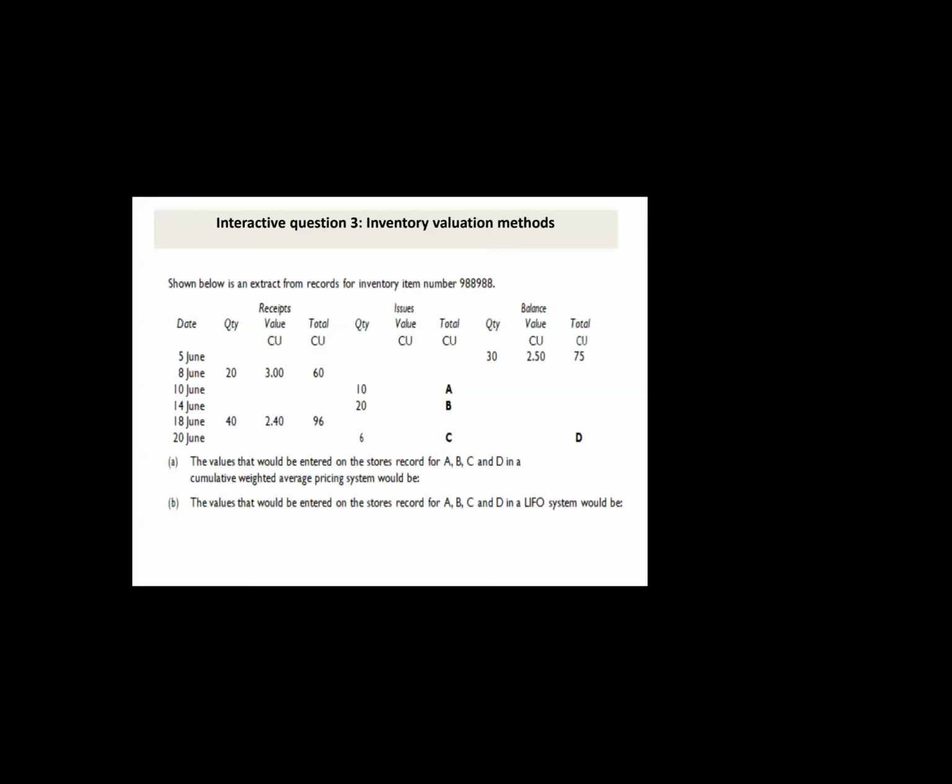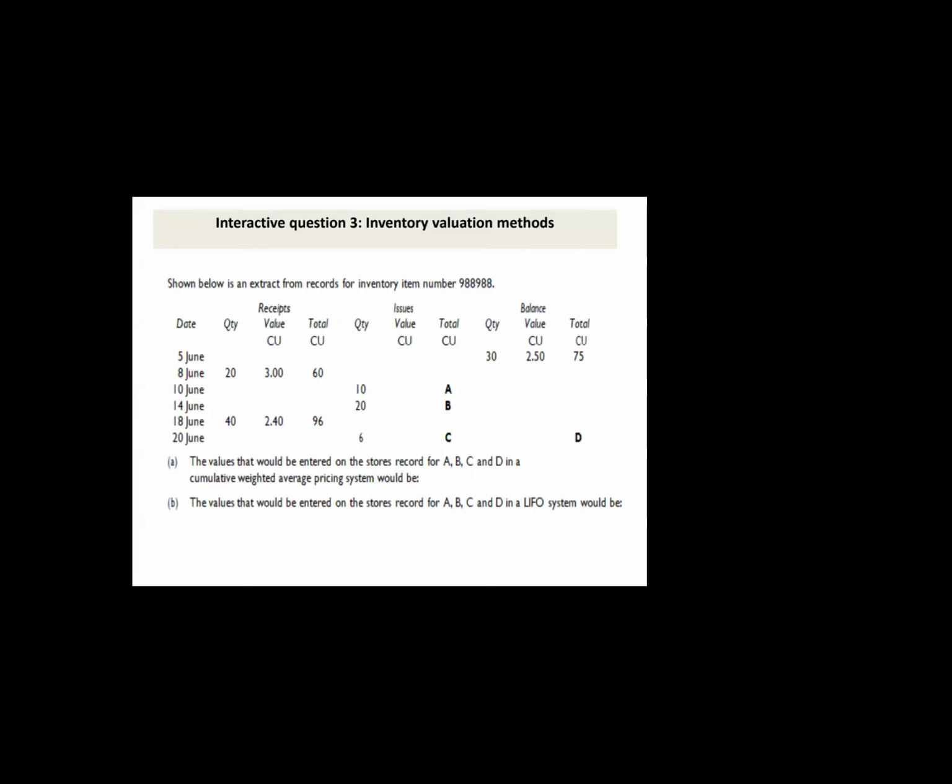So per unit cost under the weighted average price method would be 135 divided by 50, so 2.7. So the value of A would be 27 total cost.